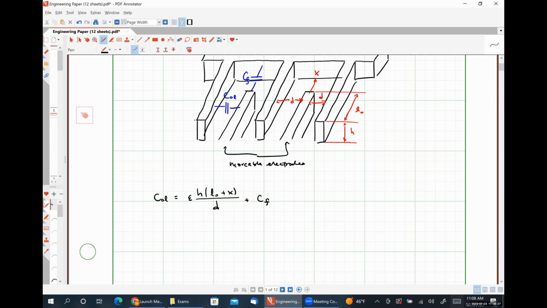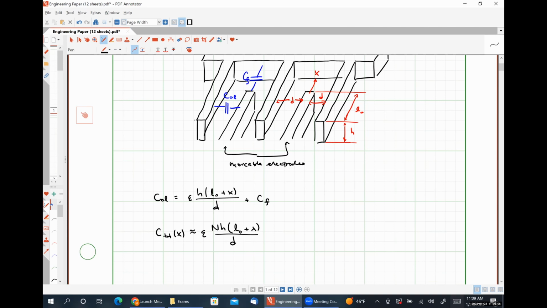If we have N overlapped fingers and we neglect the fringe capacitance because it's typically much smaller than the area capacitance, because there's significantly less area of overlap, we find that our total capacitance has a displacement dependency as epsilon N H times L naught plus X over D. And really this should be approximately because we're neglecting the fringe.